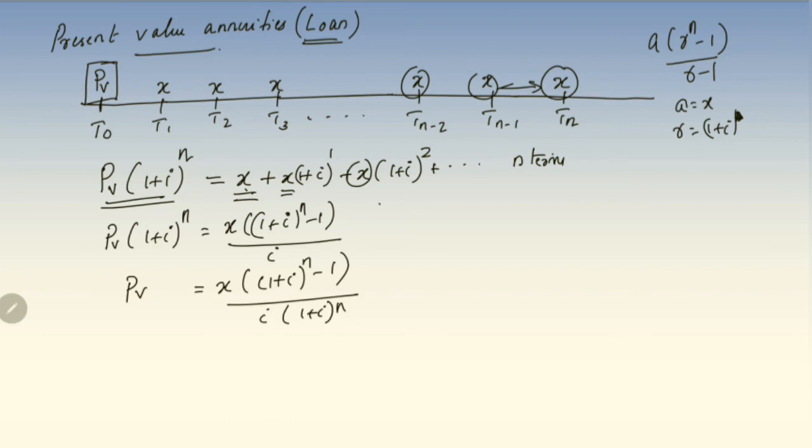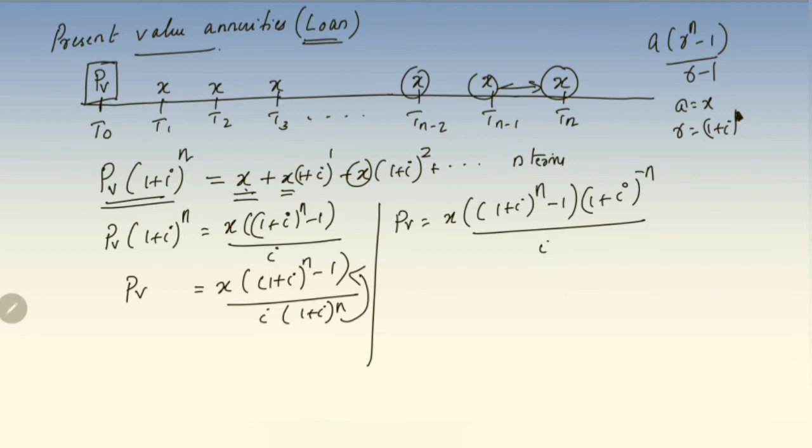So when you simplify this one, PV is equal to x times (1 plus i to the power n minus 1) times 1 plus i to the power minus n, divided by i.